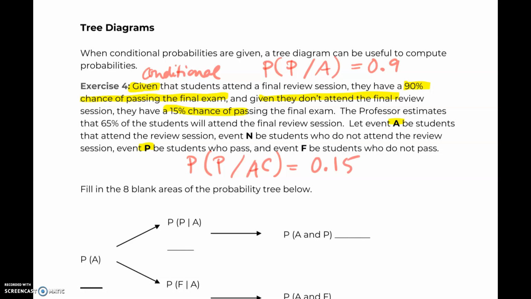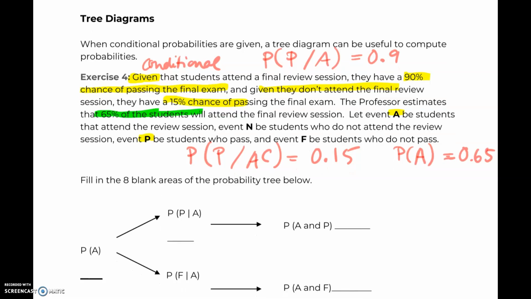So when we're looking at tree diagrams, we're actually given two conditional probabilities, and then we're given one marginal probability. So last part over here, the professor estimates that 65% of the students will attend the final review session. Really important, this is the standalone probability, the marginal probability, and so that's the probability of attending the review session, which is 0.65.